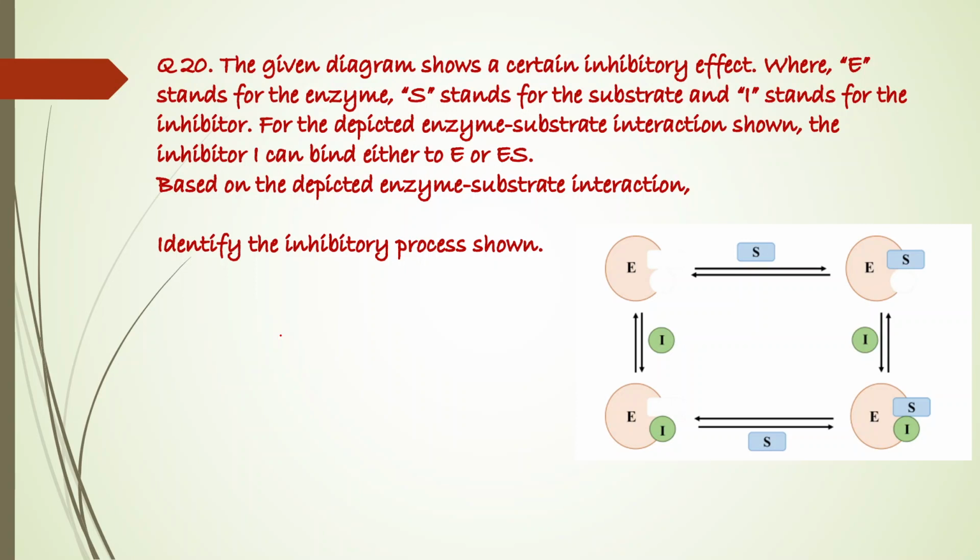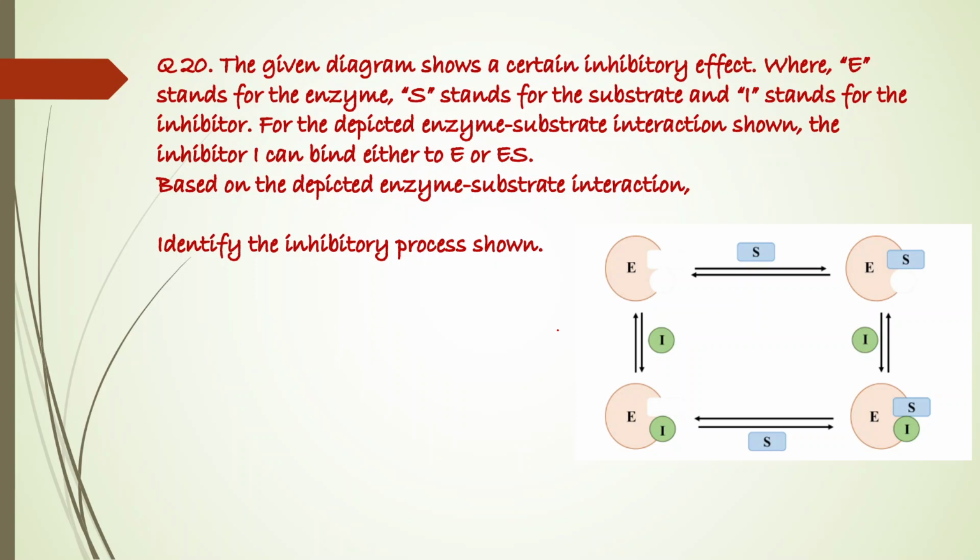Again, it is showing a diagram. In gist, it is saying that there is enzyme denoted as E, substrate denoted as S, and I for inhibitor in this particular diagram. For the depicted enzyme substrate interaction, the inhibitor can either bind with the E or ES.